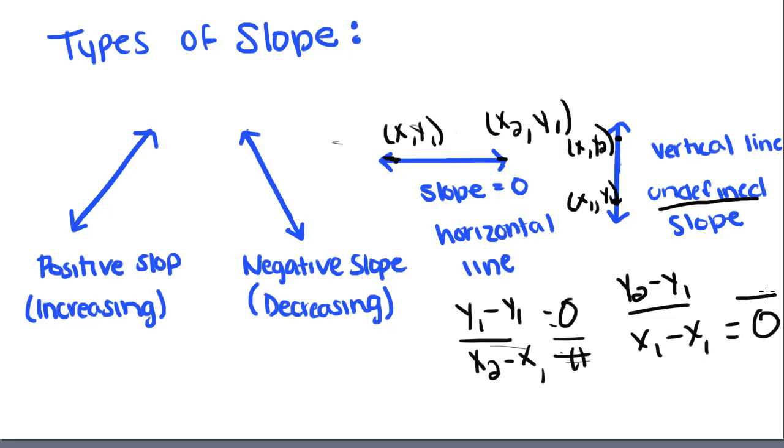So you get a 0 on the bottom and some number on top, and you cannot divide a number by 0. You can't take a number and divide it by nothing. So whenever we get a number over 0, it is an undefined slope.